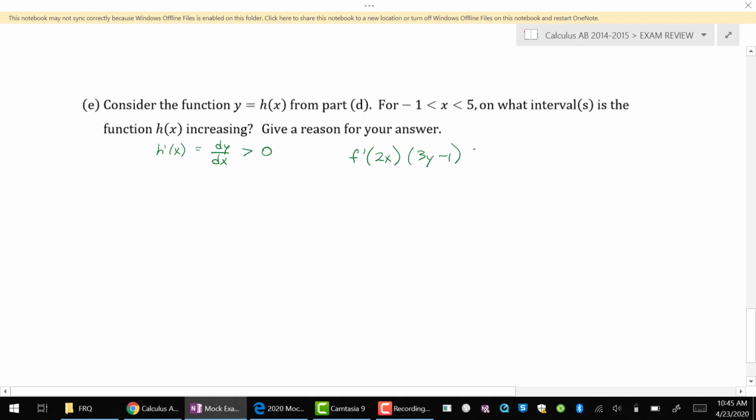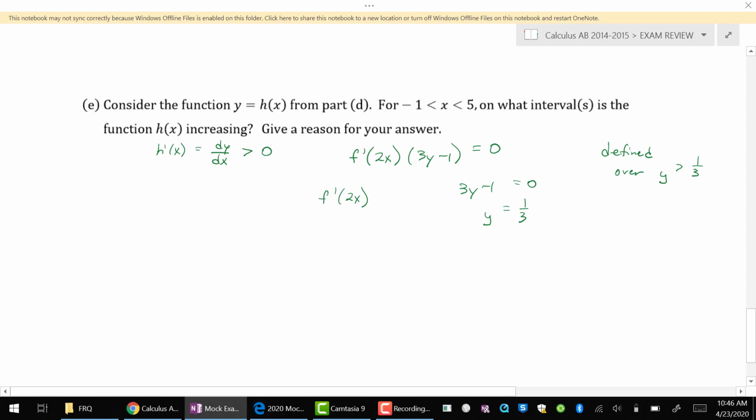And if I set that equal to 0 and just do a quick little analysis on that, either f prime of 2x will be 0, or 3y minus 1 will be 0, but we established earlier that for this entire function, h is defined over values where y is greater than 1/3. So that expression will always end up being positive. So basically, I'm searching for places where f prime of 2x is going to be positive. On what intervals does that happen?